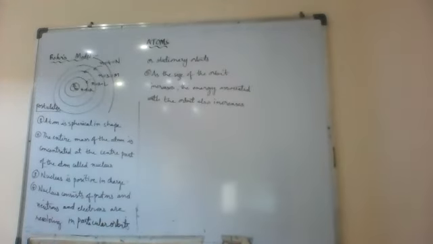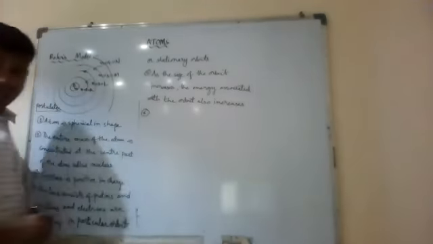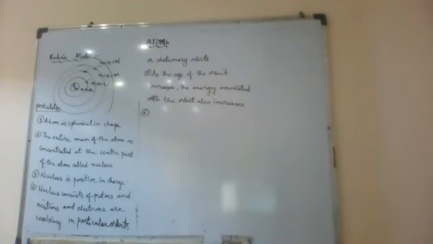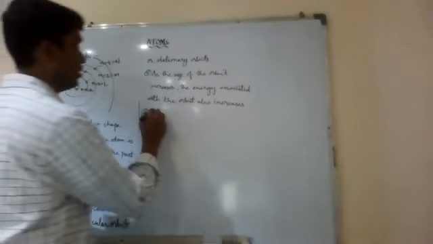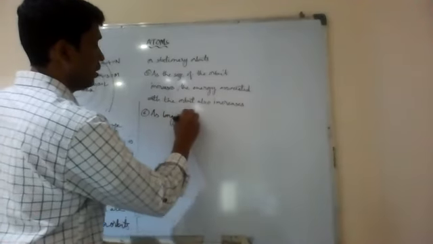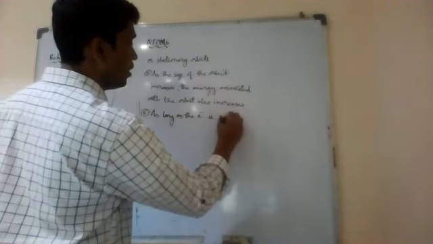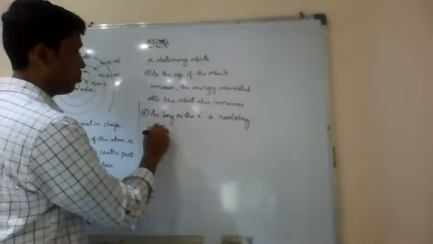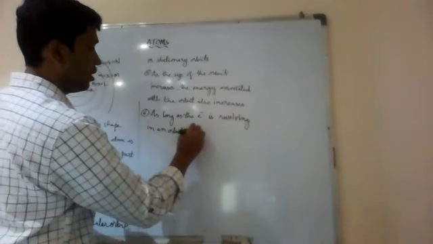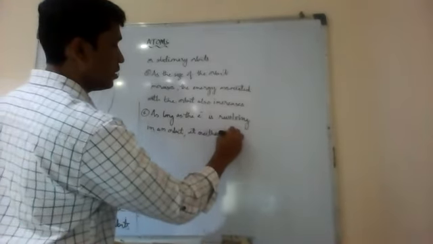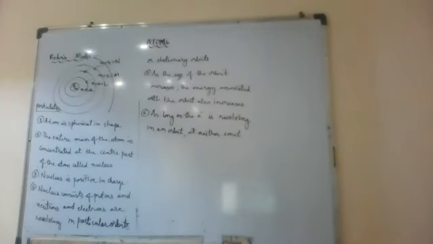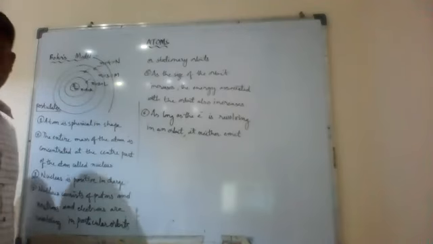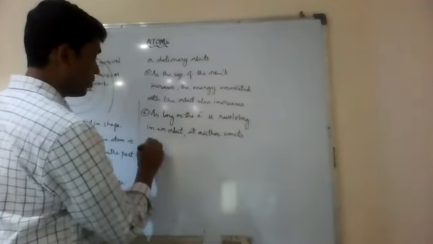So next one is what? As long as the electron is revolving in an orbit, it neither emits nor absorbs any radiation.